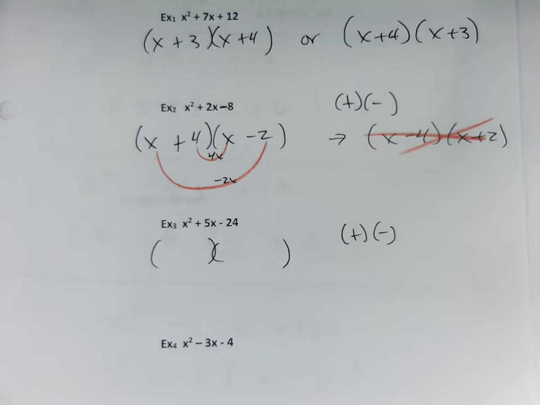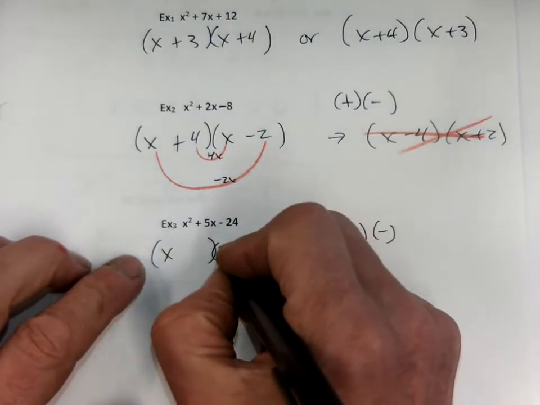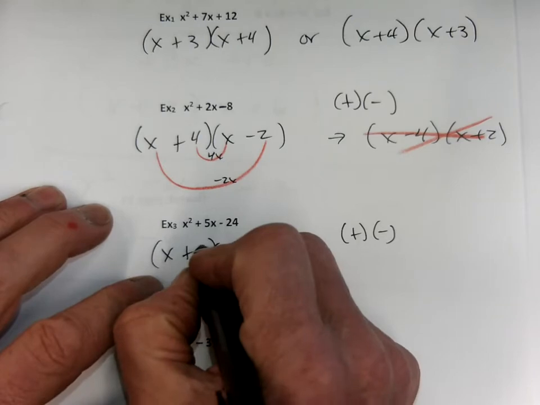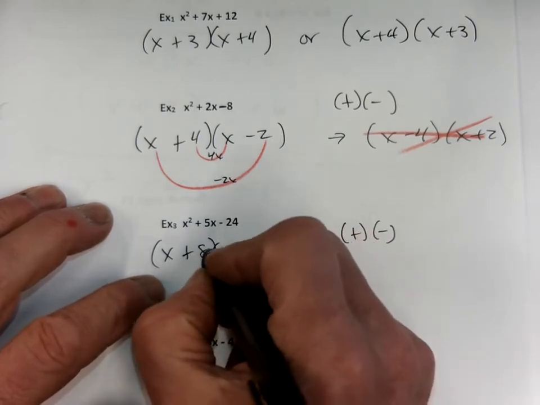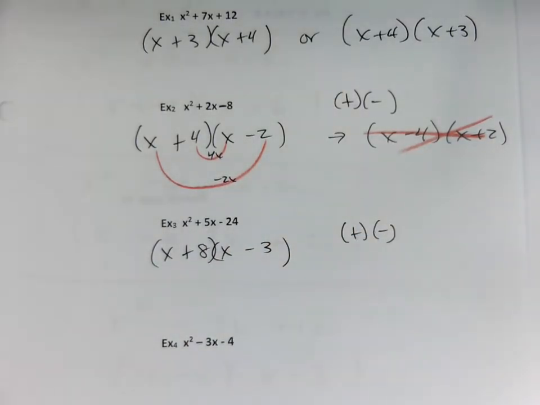And there's only one that works. I know x and x, right? Anybody have it for number 3? Yes, positive 8, negative 3. Awesome. So again, if you don't know your times facts, this is going to be a tough lesson. But if you do know your times facts, it's pretty easy.